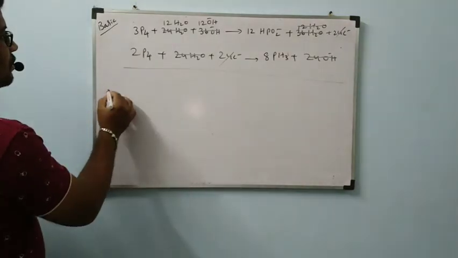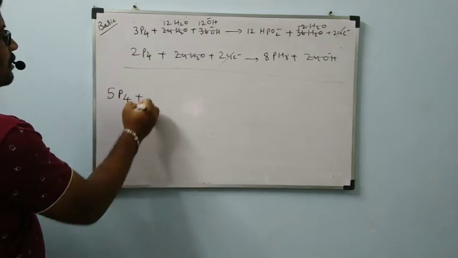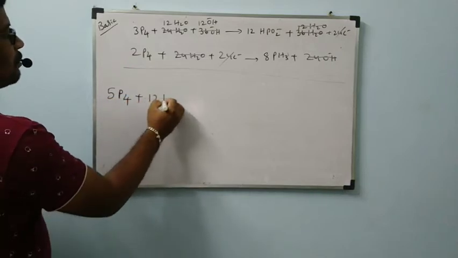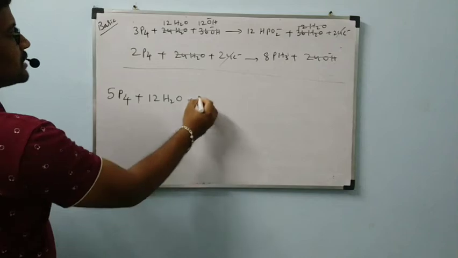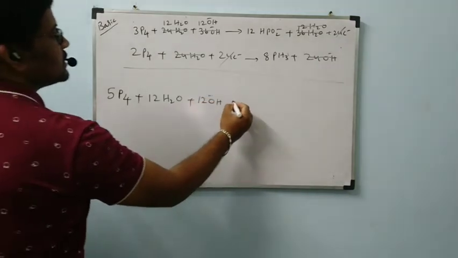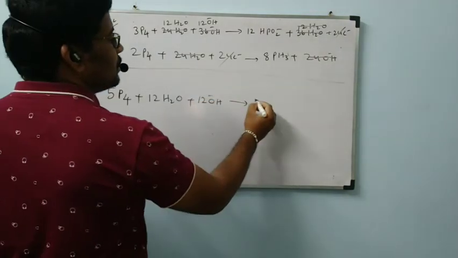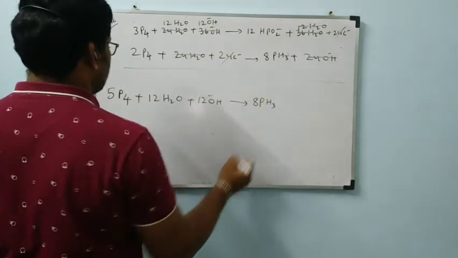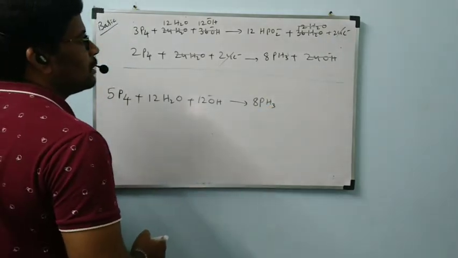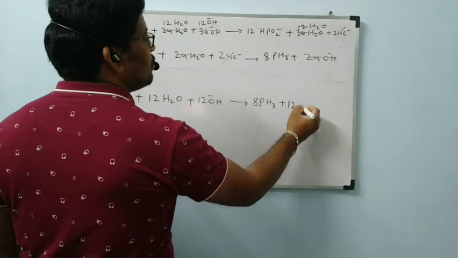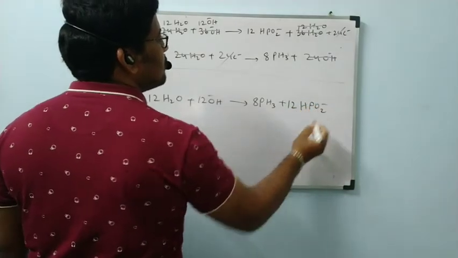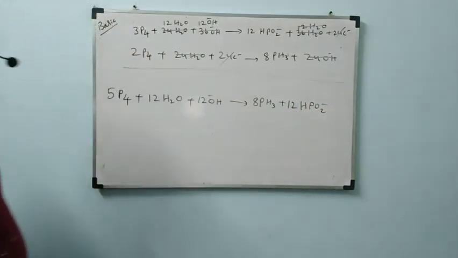3 plus 2, 5P4 plus 12 H2O plus 12 OH minus gives rise to 8 PH3 plus 12 HPO2 minus. Over.